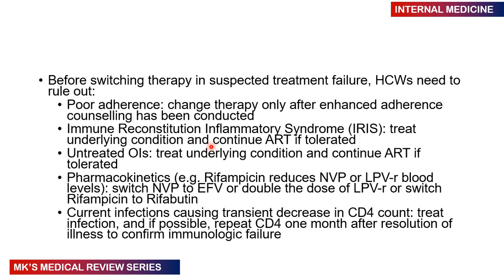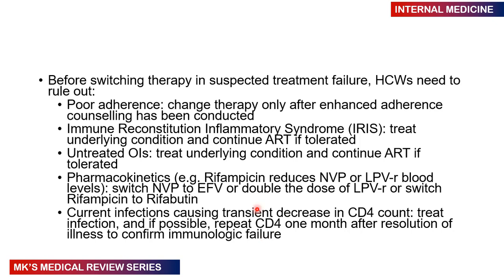If it's due to pharmacokinetics, for example rifampicin reducing nevirapine or lopinavir levels in the blood, then we switch nevirapine to efavirenz and double the dose of lopinavir, or we switch rifampicin to rifabutin. Then of course, current infections causing a transient decrease in CD4 count must also be assessed. Treat any infections if possible. Repeat the CD4 count 1 month after resolution of the illness to confirm that this patient has immunological failure.